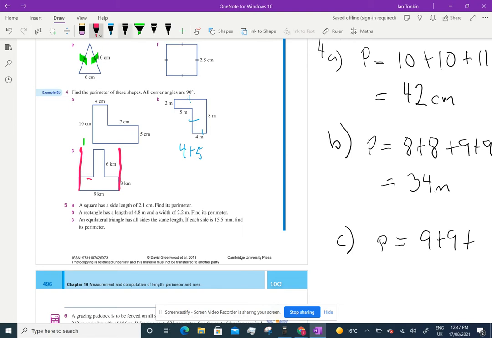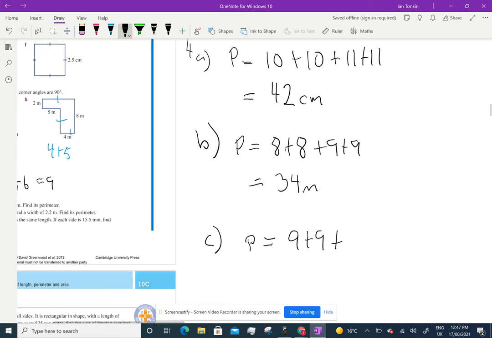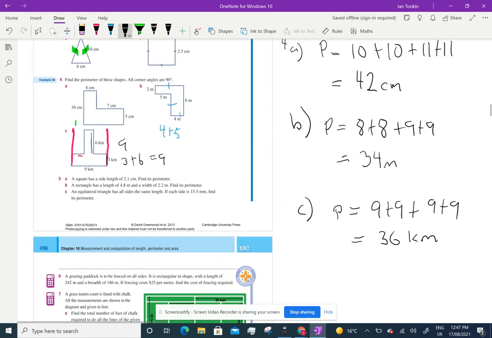Well, 3 plus 6, because that bit and that bit, gives me 9. So this is actually a square. 9 plus 9 plus 9 plus 9. And 4 9's 36, and we're in kilometres. Okay, that is a really good trick, and it becomes important later on.